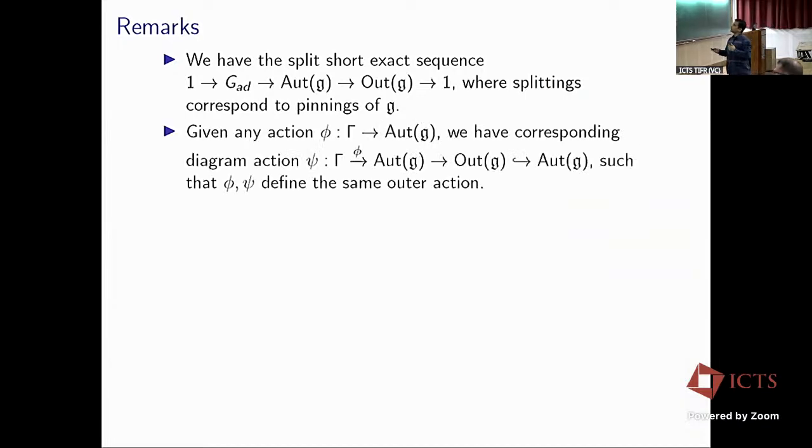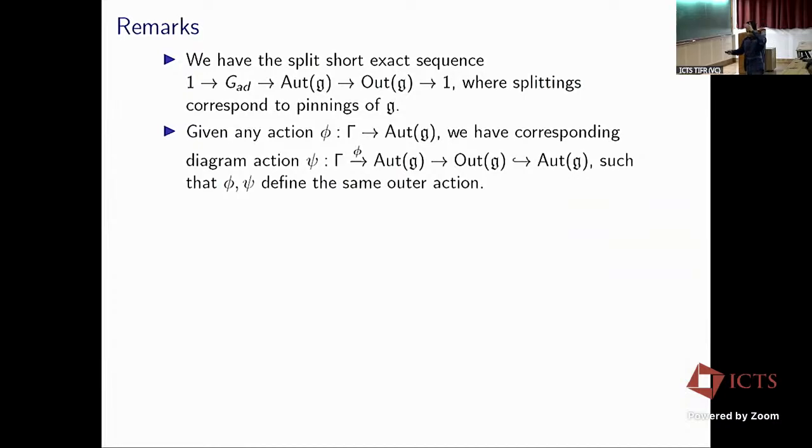Okay, so given any action, it's a homomorphism from gamma to automorphisms. What you can do is go to the outer automorphisms, fix a pinning, and then consider the diagram automorphisms. So associated with any action, there is an associated diagram action, and both of them define the same outer action; they differ by an inner one.